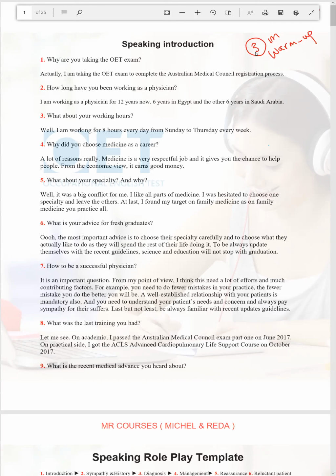Perfect. I will return back to your profession. Why did you choose medicine as a career? I've chosen medicine as a career because of a lot of reasons. First of all, it is a very respectful job and it gives you the chance to help people. From the economic view, it earns good money. Perfect.